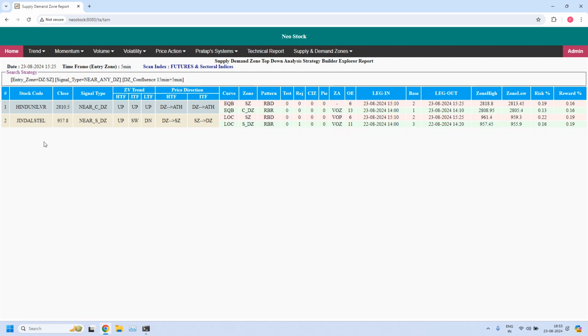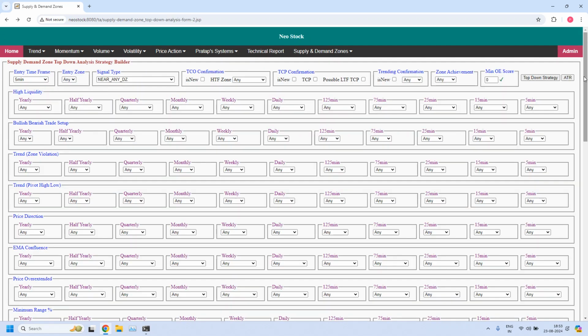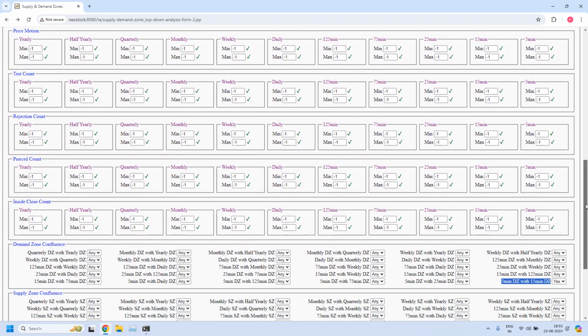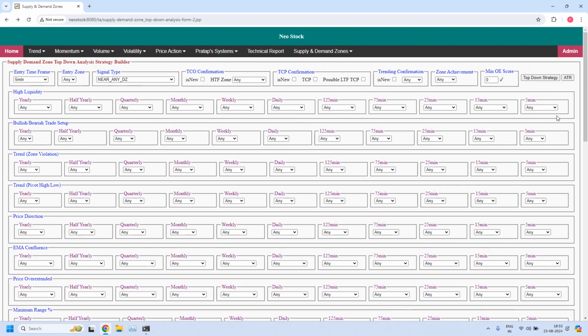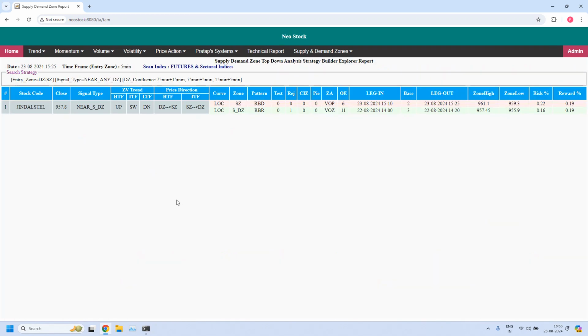Now let's verify out of these two how many are having even HTF confluence. HTF demand zone confluence, 5 minutes and 75 minutes confluence, and also 15 minutes and 75 minutes confluence. Now all the 3 are enabled. Let's filter. So Jindal Steel is having LTF, ITF and HTF confluence.